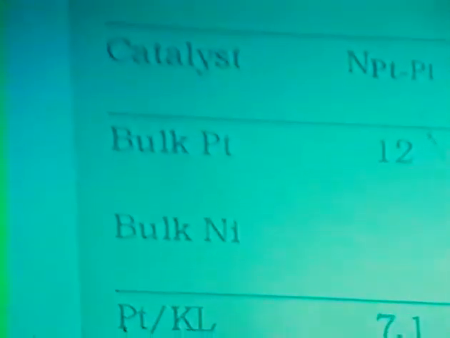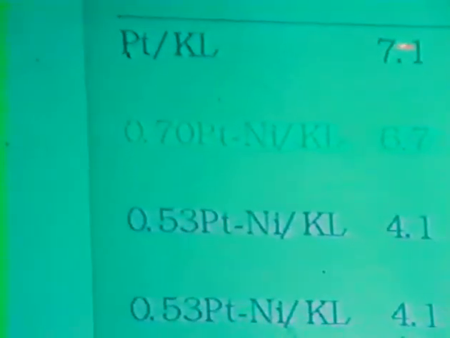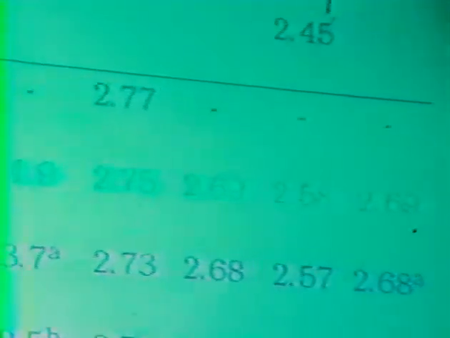If we look at one of these bimetallics, coordination numbers now are actually, if anything, slightly smaller than, or about the same as, for the pure platinum. That is to say, on pure platinum it's 7, and it looks like it has the internuclear distance of bulk platinum.